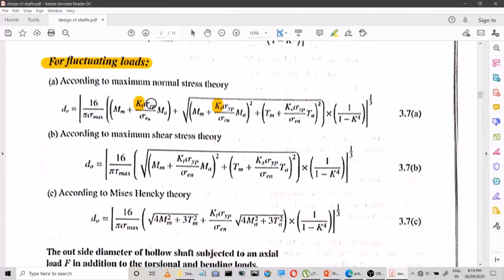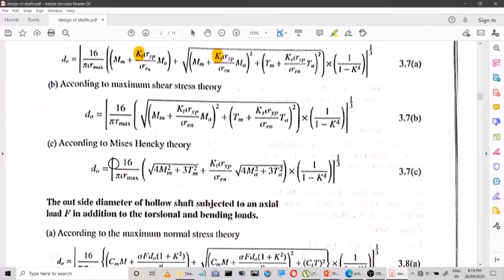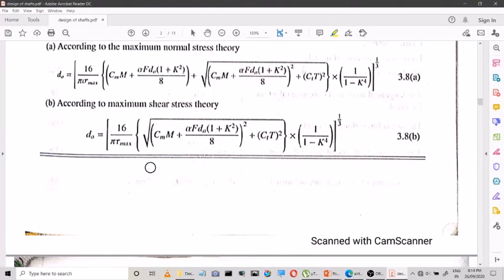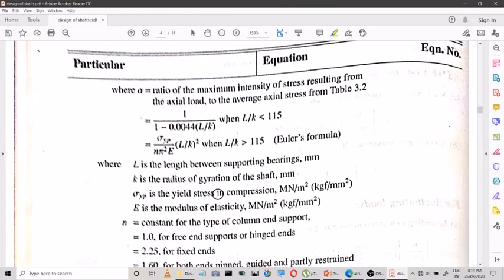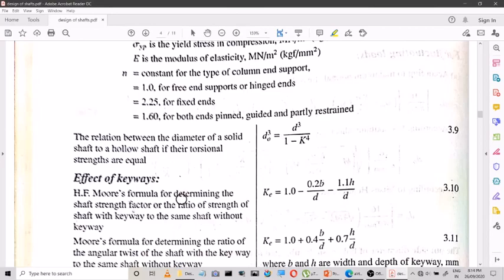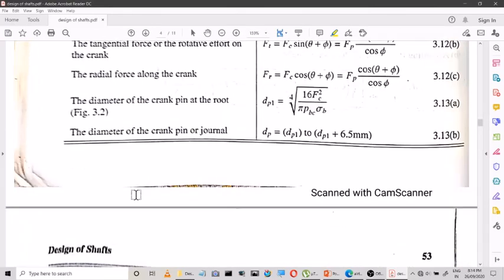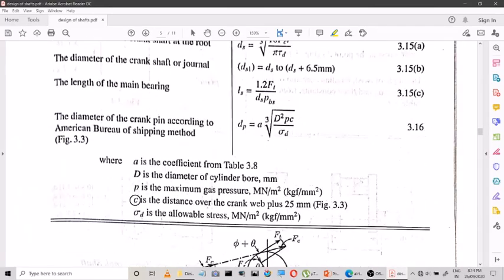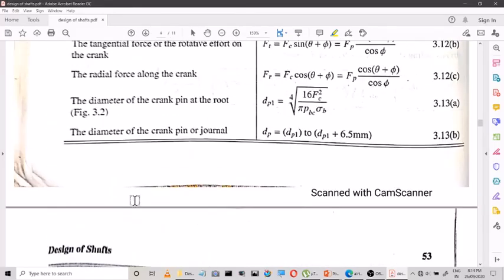We need to find out what KT is. Is KT specified? No. KT is the stress concentration factor.